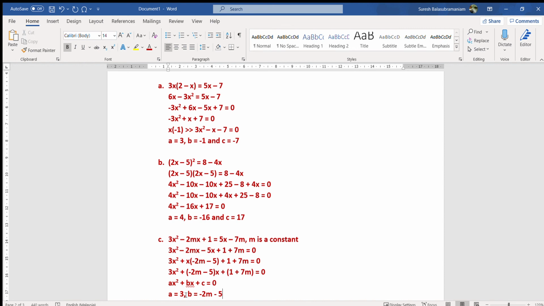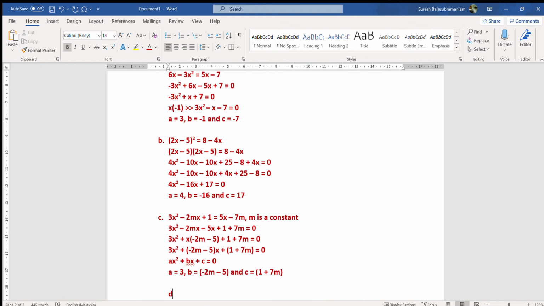Okay, so I'll put that in the bracket, and my c will be bracket 1 plus 7m. So that is my answer for C. Moving on for the last question, D.